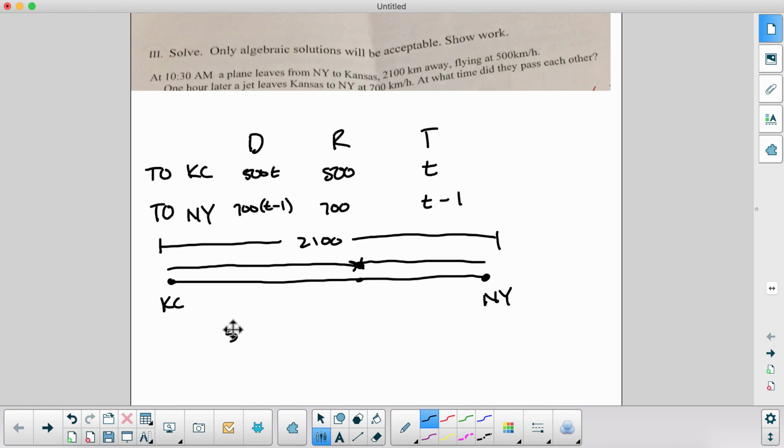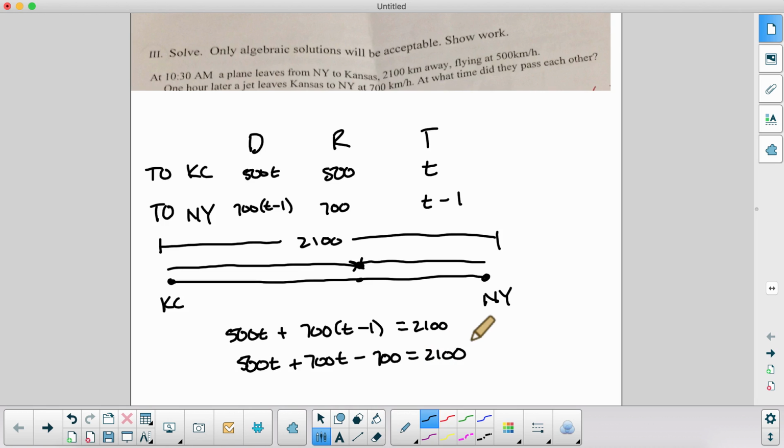So that means that 500t plus 700 times t minus 1 is going to be equal to 2100. So we go ahead and solve for t. 500t plus 700t minus 700 is equal to 2100.